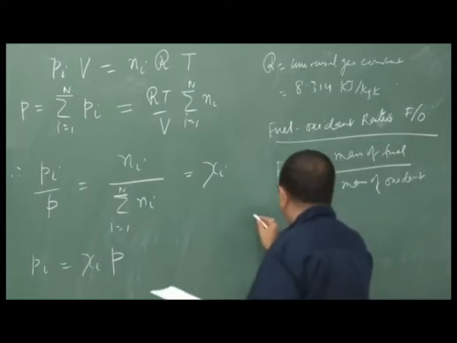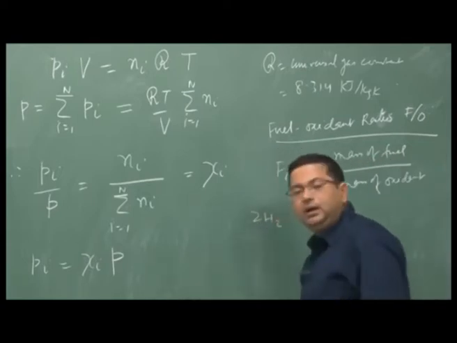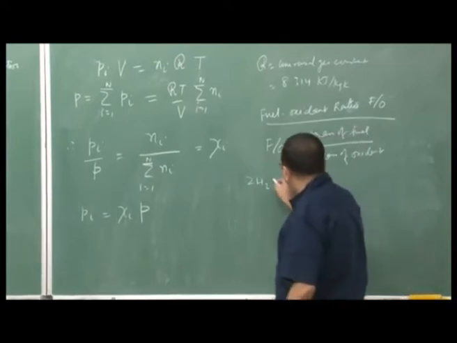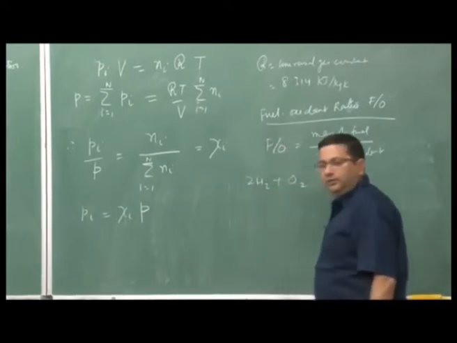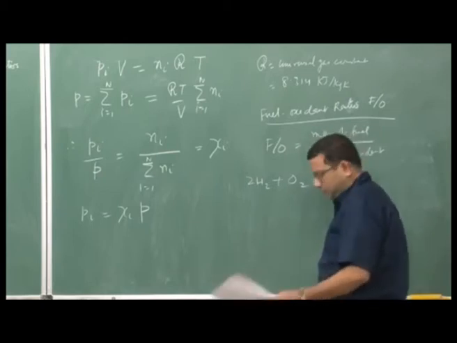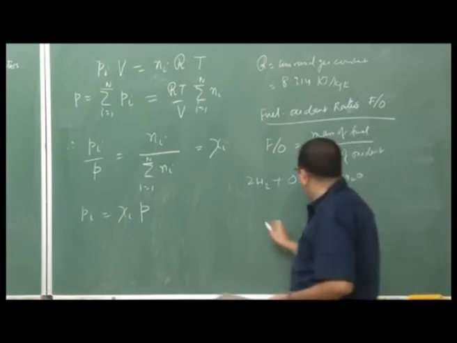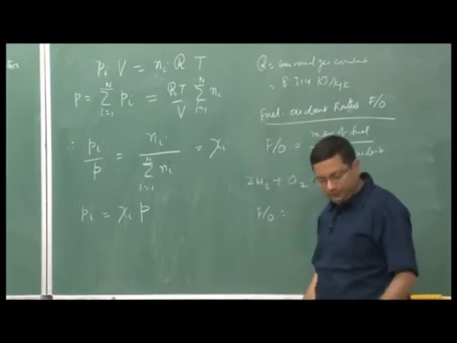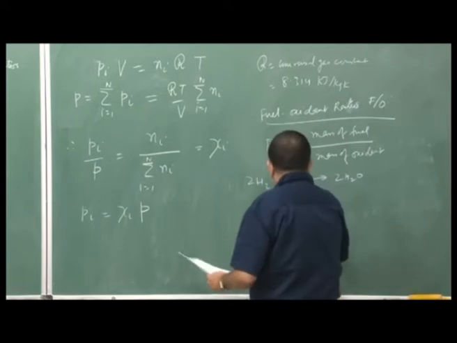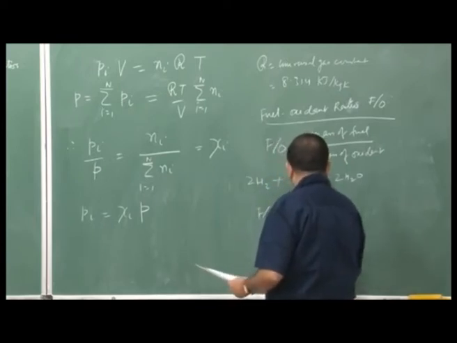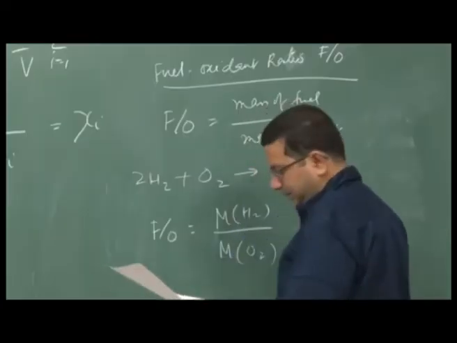For example, let us say we are looking at hydrogen and oxygen, that is, cryogenic propellants. For this reaction we have 2H2 plus O2 giving 2H2O. For this, what is my fuel oxidizer ratio? What is my fuel here? Hydrogen is the fuel. So, the mass of hydrogen divided by the mass of oxygen, the oxidizer.